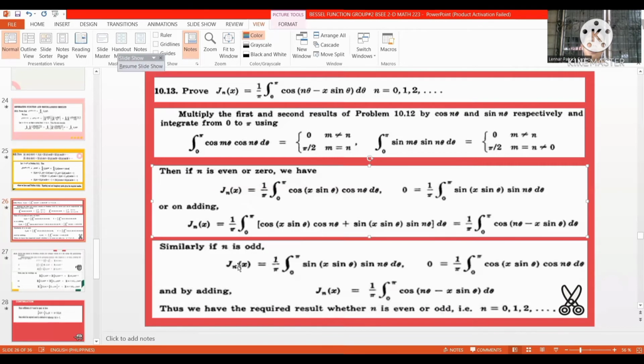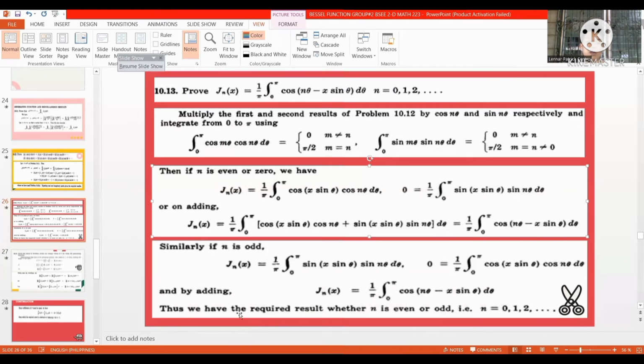J_n(x) minus 1/π times the integral from 0 to π of sin(x sin θ) sin nθ dθ, and 0 is equal to 1/π times the integral from 0 to π of cos(x sin θ) cos nθ dθ. By adding, we get J_n(x) equal to 1/π times the integral from 0 to π of cos(nθ − x sin θ) dθ.